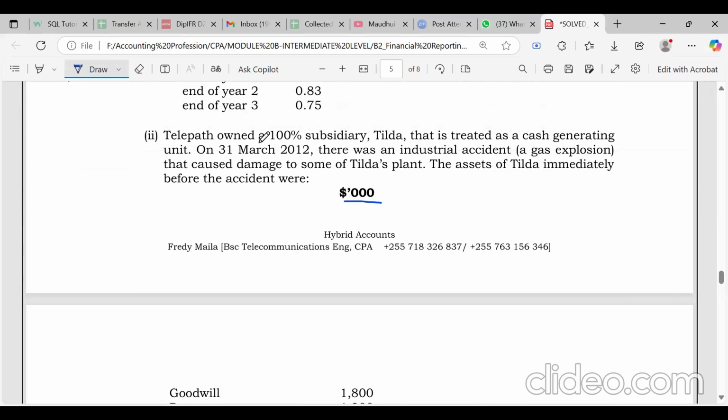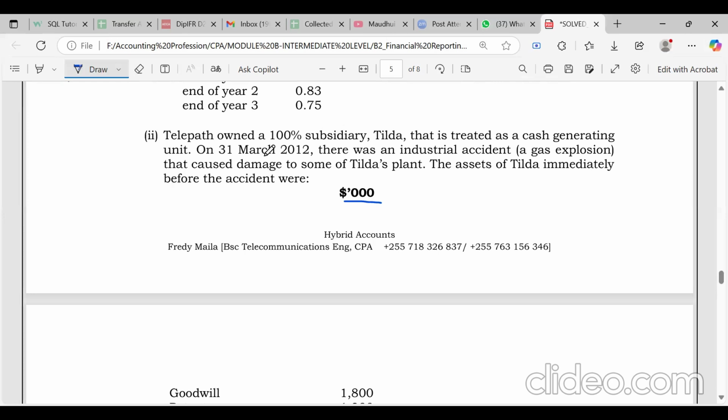Telepath owns a 100% subsidiary. It's very common, for impairment purposes, to consider a subsidiary, the company you are going to acquire or the company you are controlling, as a cash generating unit. So Telepath owns the 100% subsidiary, Tilda, that is treated as a cash generating unit.